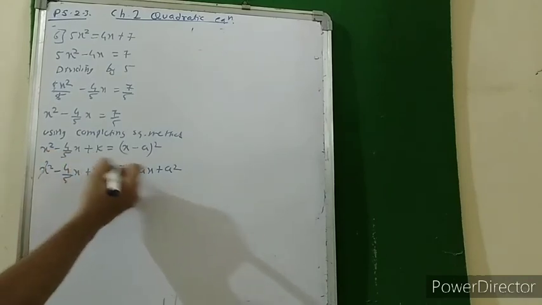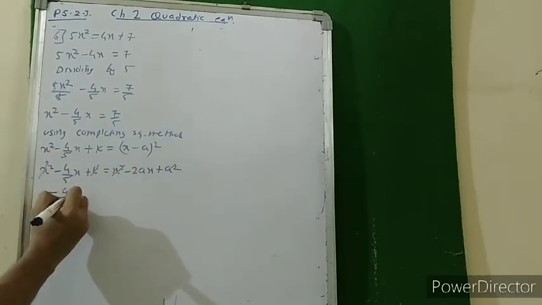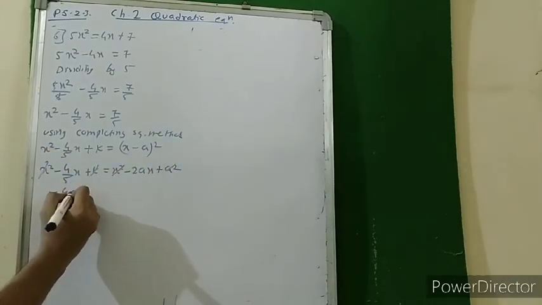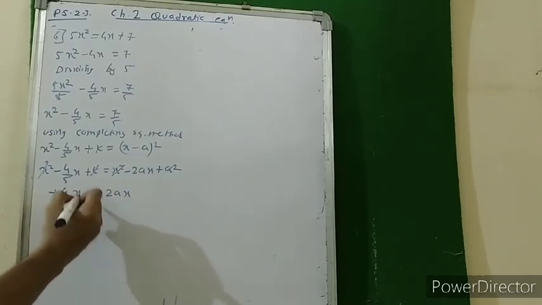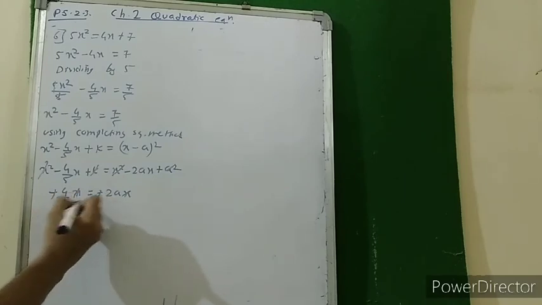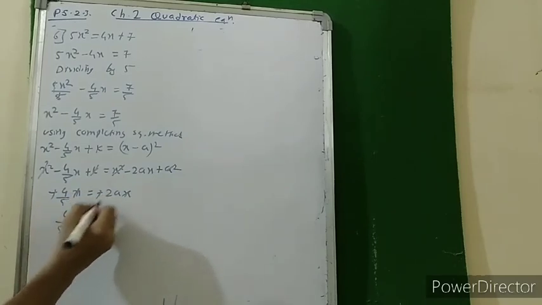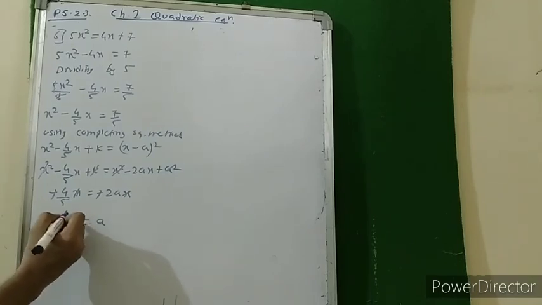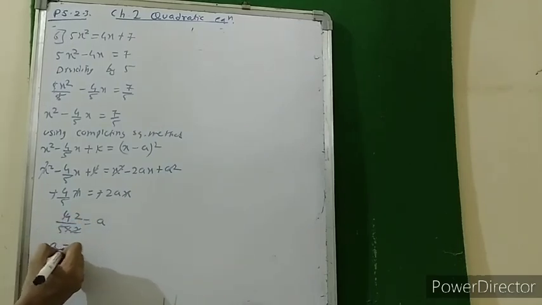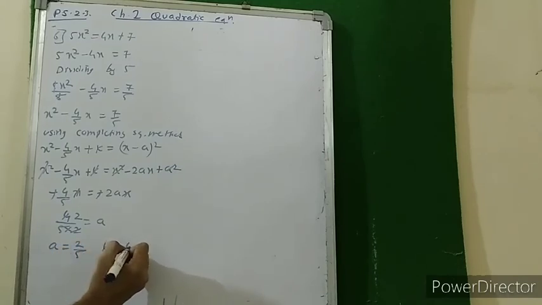So x square cancels, k and a square cancel, minus 4 upon 5x is equal to minus 2ax, minus cancels, x cancels. So we have 4 upon 5, these 2 will come here and get divided. We have the value of a. Again 2 ones are 2, 2 twos are 4, so value of a is 2 upon 5. Then value of k will be 4 upon 25.